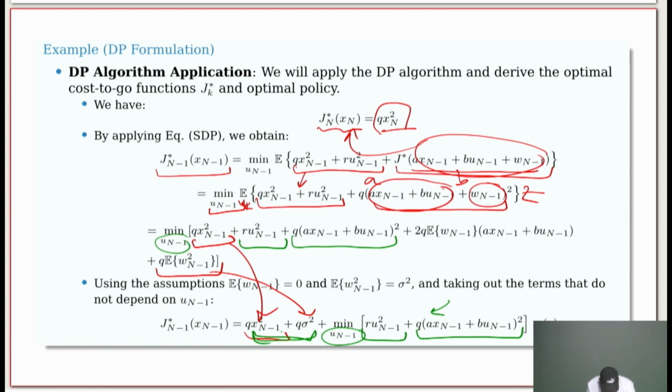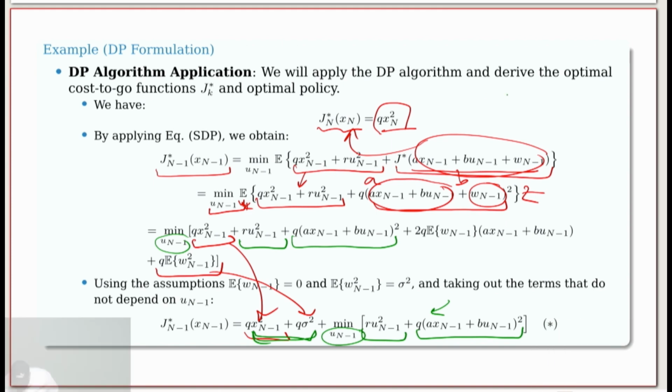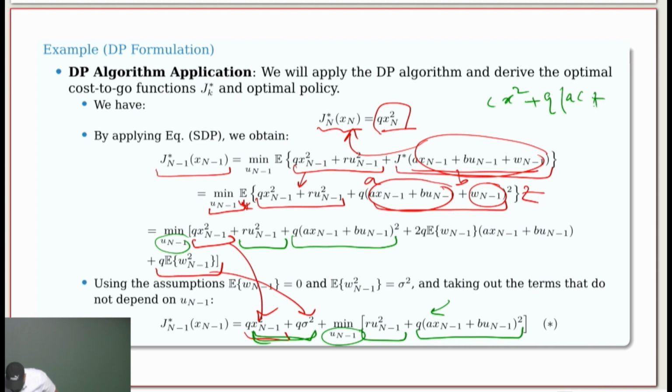Okay, so how can we minimize this? If you have done some basic optimization, then this is a minimization problem in u_{n-1}. We can write this as some constant times x squared plus q a, so this is also like some constant plus b x squared. This is like minimization in x.